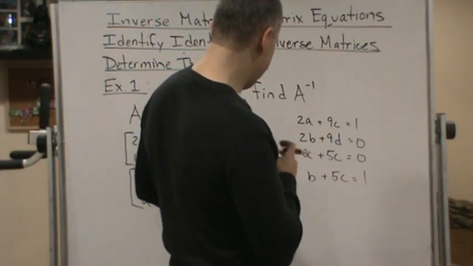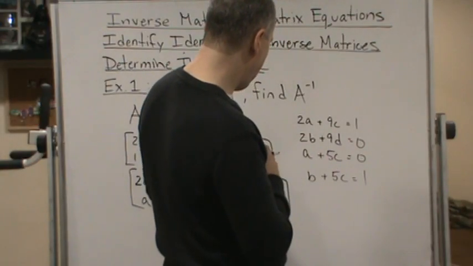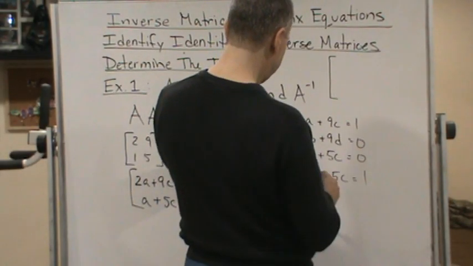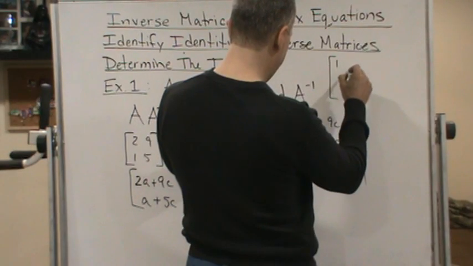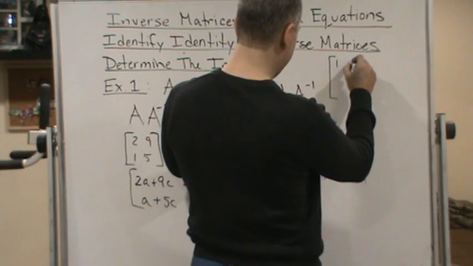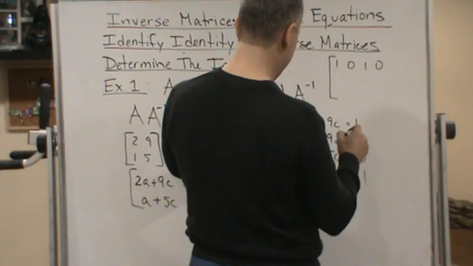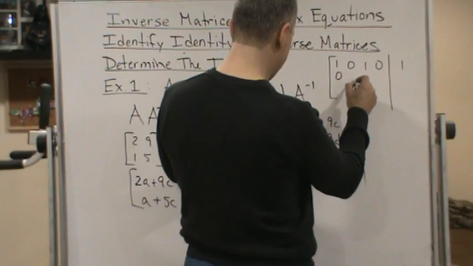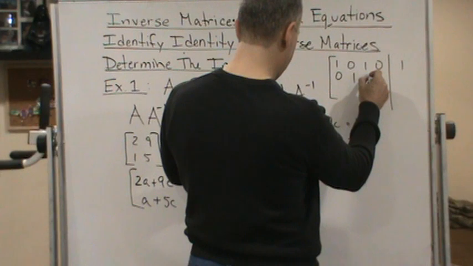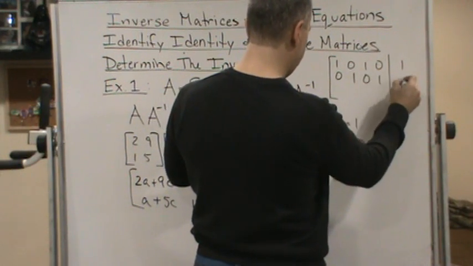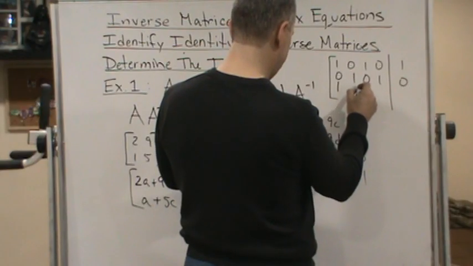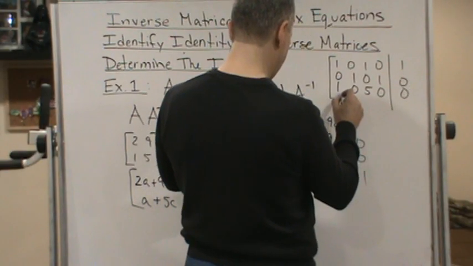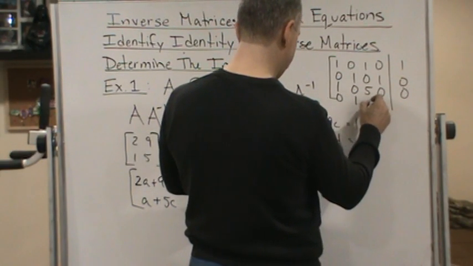We would have A, B, C, D. Right, so we would end up with 1, 0, 1, 0, 1, 0, 1, 0, 1, 0, 5, 0, 0, and we would end up with 0, 1.